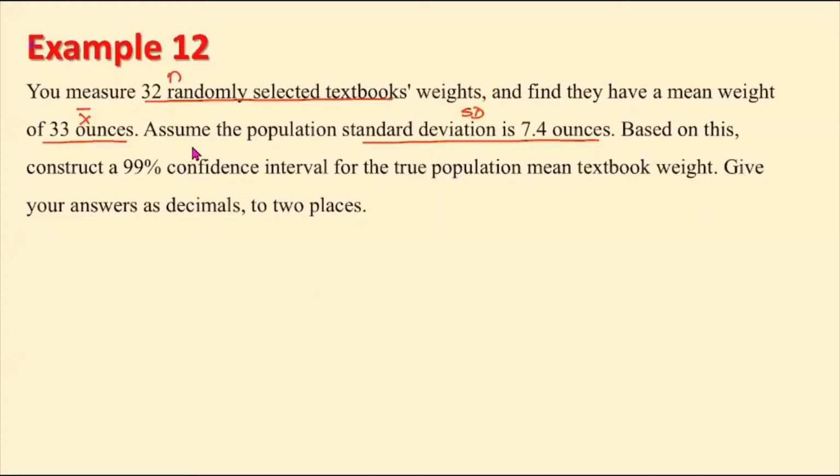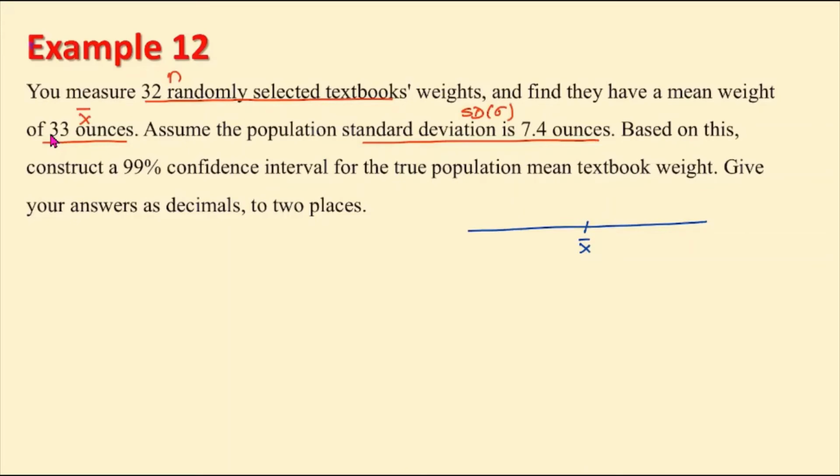Before we begin, one thing to note here: they have given the population standard deviation. So this standard deviation is the population standard deviation sigma, so the Z value still works fine here. When we construct the confidence interval, what goes in the middle is the point estimate. In this case, it is the x bar or the mean, which is 33.